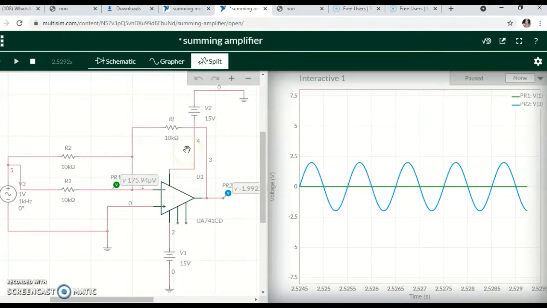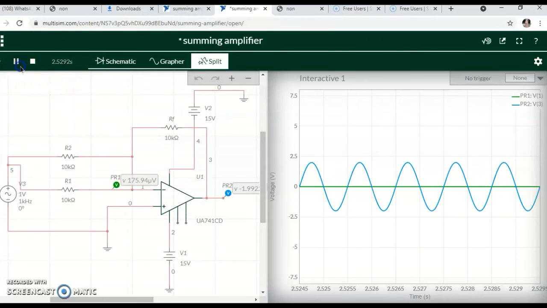Next, we go to the summing amplifier. The summing amplifier is an application of the inverting op-amp that combines the voltages present on two or more inputs. For the circuit, R2, R1 and RF are the same value, 10 kilo ohm.